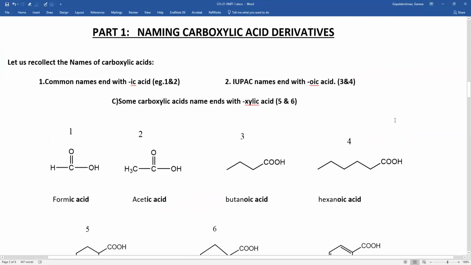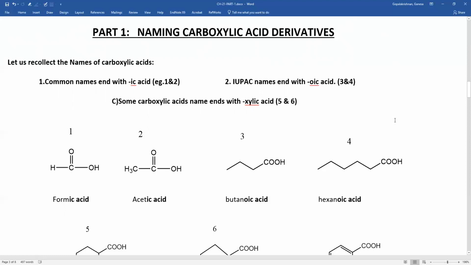How to name the carboxylic acid derivatives? We are going to use the method you practiced when you were a small child. You have friends in the street. You're a friend, Mike. You call his father Mike's dad, Mike's mom. But look at your grandmother.